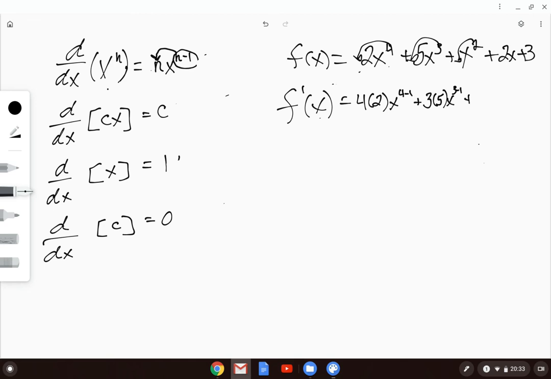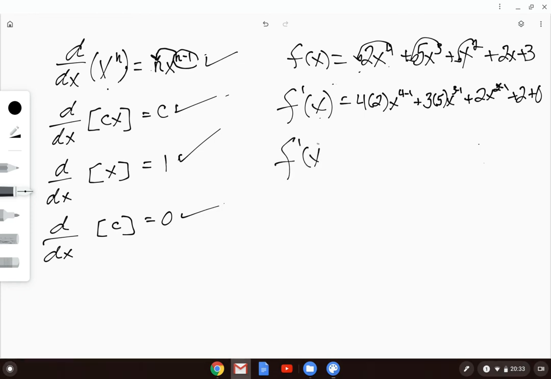My 2 is going to move in front of that x, so that's going to become 2x to the 2 minus 1. And then, since I have here a coefficient of x, that's just going to become plus 2, and then that 3 is going to turn into a 0. This rule is not going to apply, so the derivative of the constant is going to be 0.